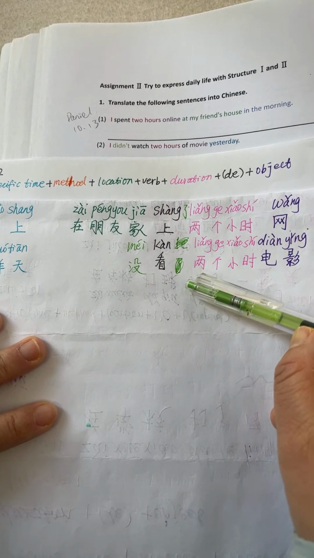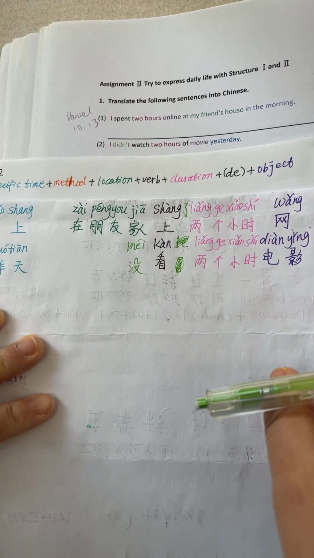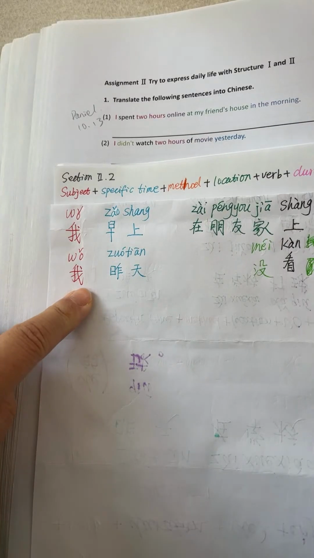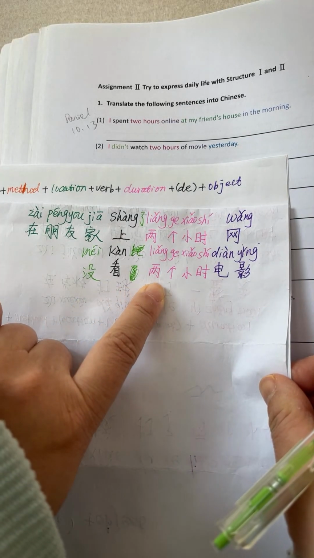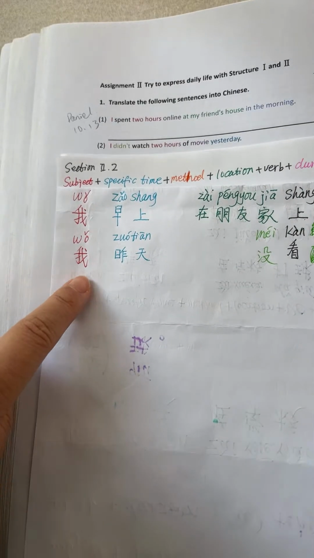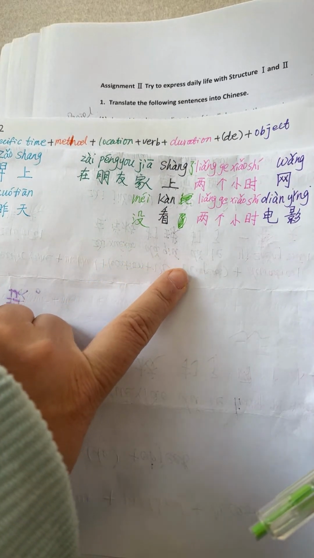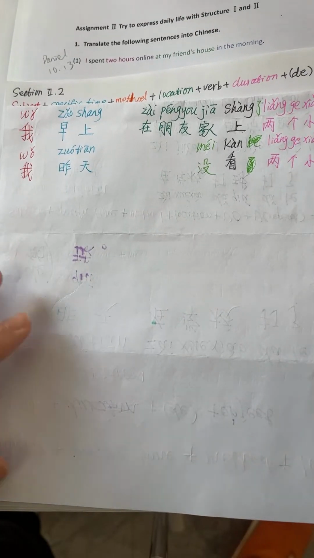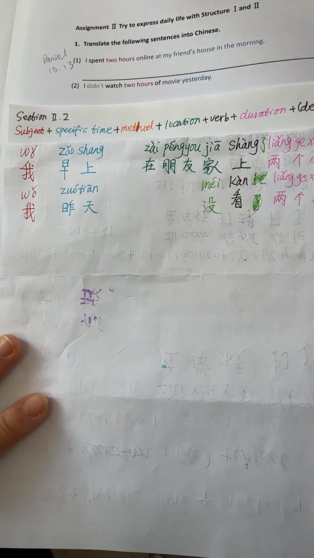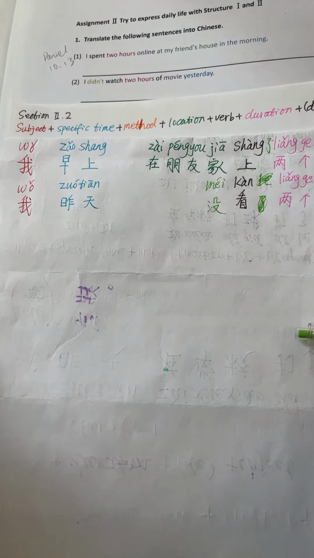This is the point you have to remember. So the complete sentence is 我昨天没看2个小时电影. Any questions?